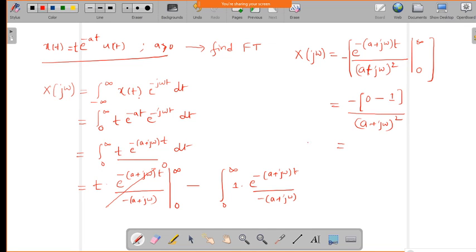So your x of j omega will be 1 over (a plus j omega) square. This is the Fourier transform of the signal x of t, which is given by t into e power minus at into u of t. So understood? Any doubt?